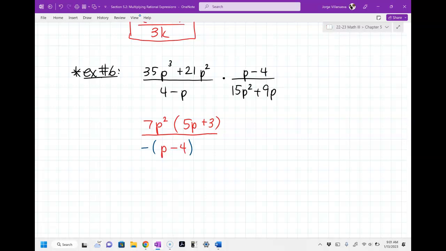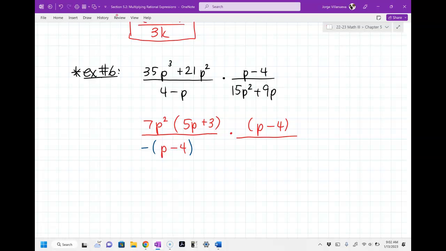Because notice, if I distribute that negative in, isn't that a minus p plus 4, which is 4 minus p? Okay, so it's the same. So if you're going to flip a subtraction, you're allowed to, but just make sure you factor a negative out. Okay, you got to factor a negative out. All right, so that was one little trick that I'm not sure if you guys knew about, but if you didn't, now you do. The top right, there's not much I can do with that yet.